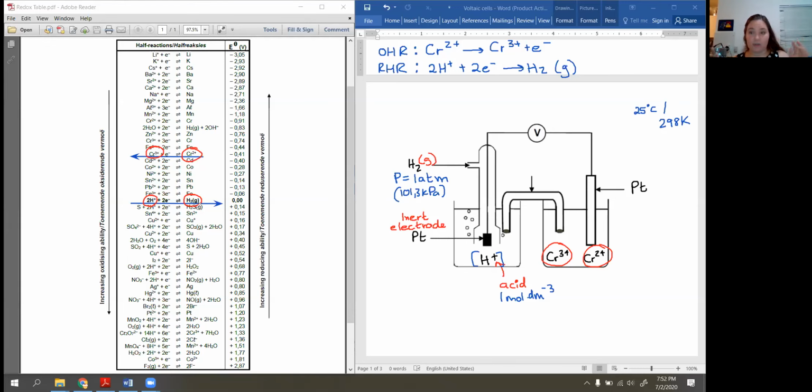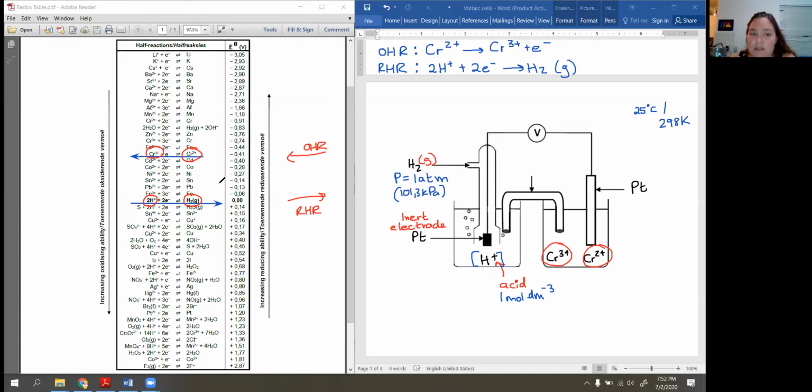Once I've got all of them circled, that means that I can read each half reaction either way, oxidation or reduction. I can choose. Because in order to get a spontaneous reaction, you need your oxidation half reaction above your reduction half reaction. This will be read in that particular order. For all of voltaic cells, it's going to go that way around, no exceptions. There is a reason for it.